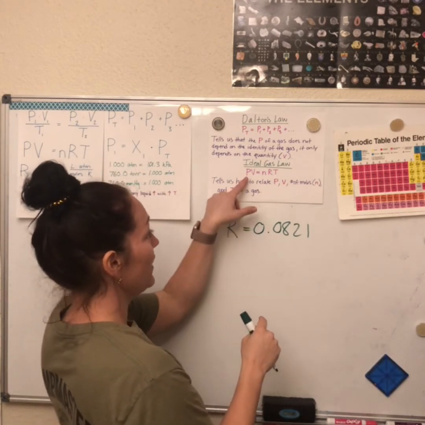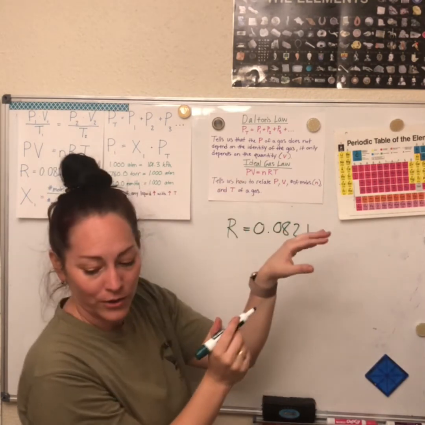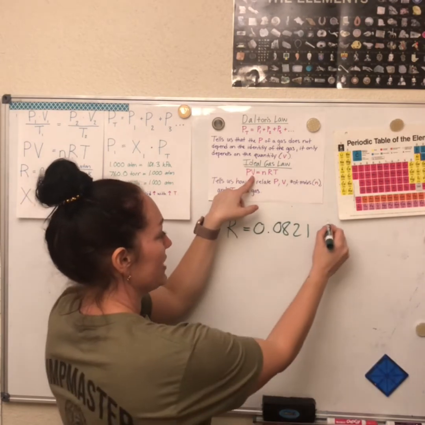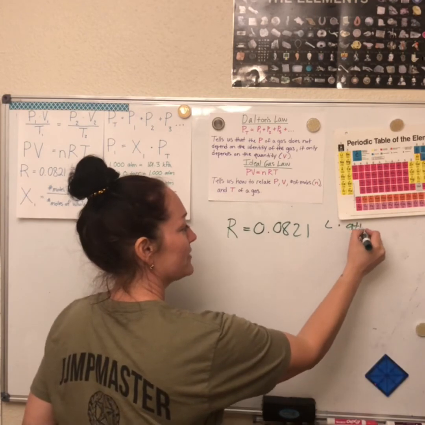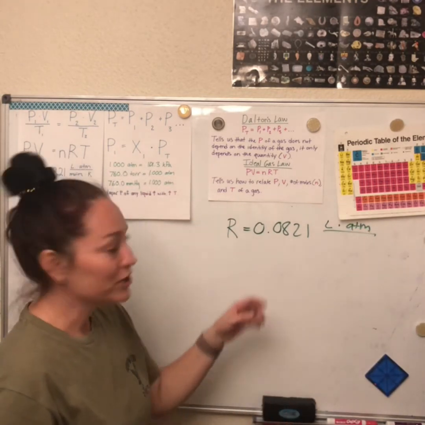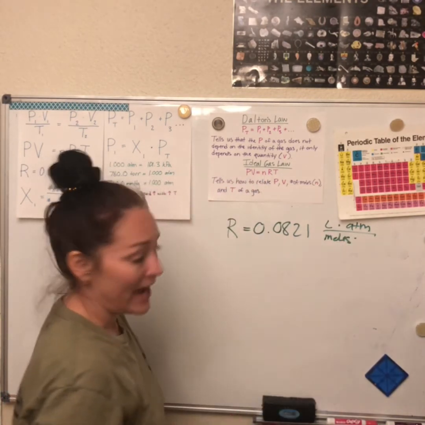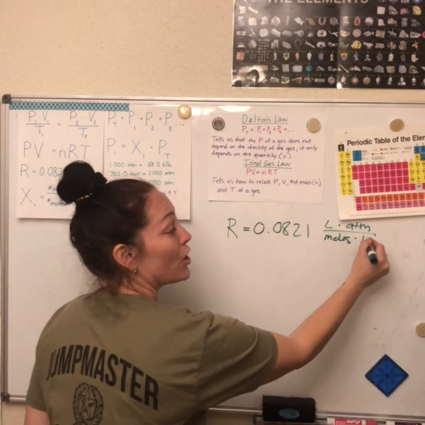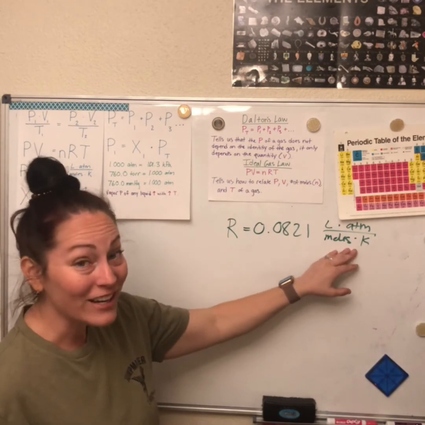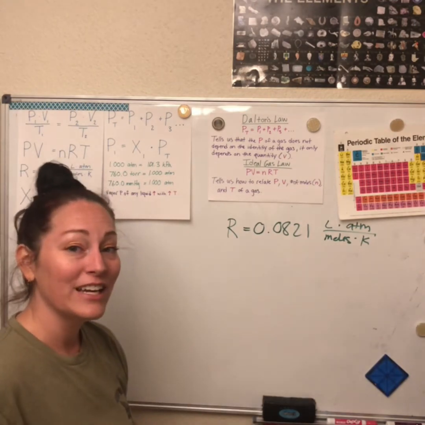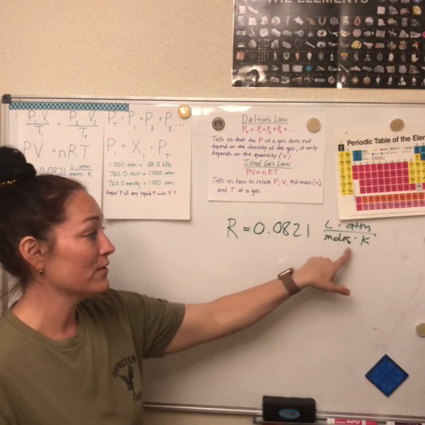So we have to involve a pressure unit, okay? So we want to use volume unit, that's going to be your liters. And then we're going to use the pressure, which is going to be atmospheres. And then for moles, that's just moles, okay? And the last one that we use has to be our temperature unit, which is always Kelvin because we can't reach 0, okay? So this is kind of a funky unit. It's got a lot in there. Please include it because you're going to be using it to cancel. Okay, so this is the main one we use because we use each of these units.